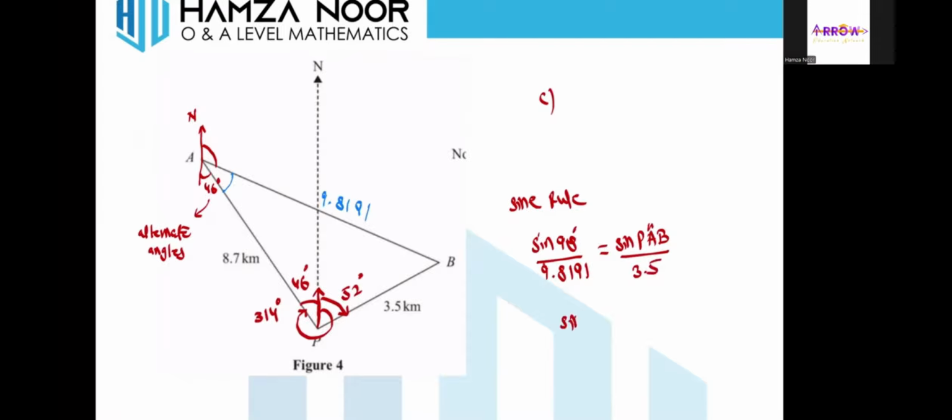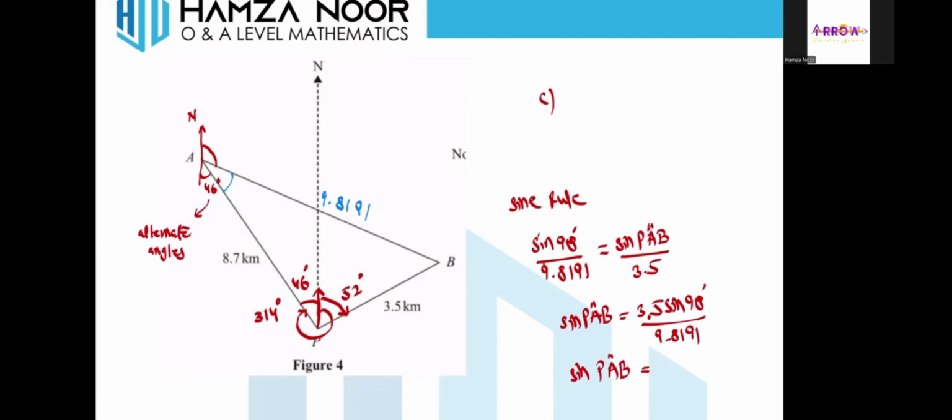Okay, so sine PAB is equal to 3.5 multiplied by sine 98 divided by 9.8191. So put this complete expression in your calculator.